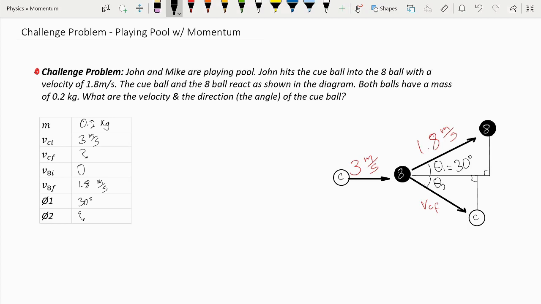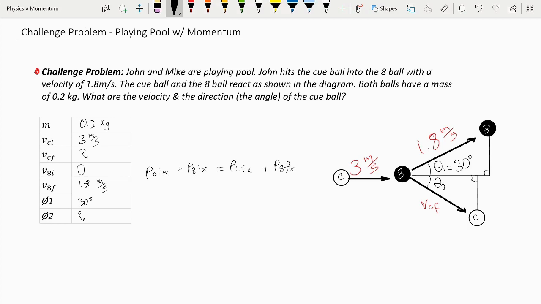The law of conservation of momentum goes: the momentum for the cue ball initially in the x direction plus the momentum for the 8 ball initially in the x direction will be equal to the momentum of the cue ball finally in the x direction plus the momentum of the 8 ball finally in the x direction. And I know the subscripts here are kind of confusing, but stick with me.